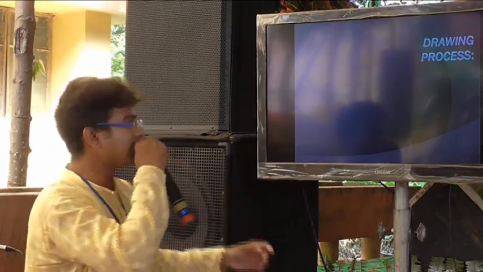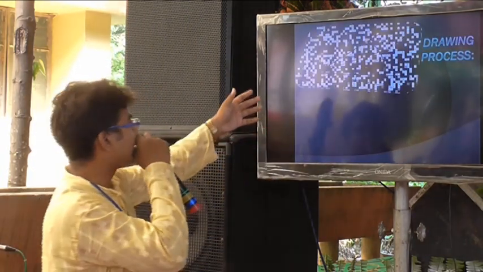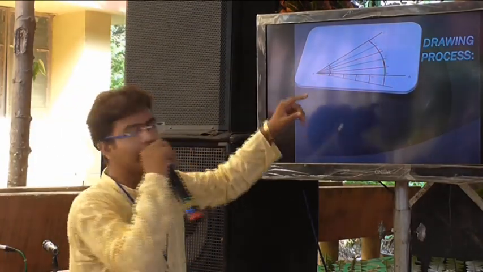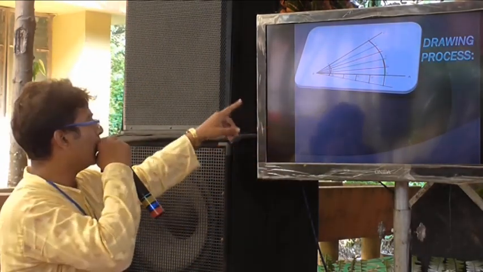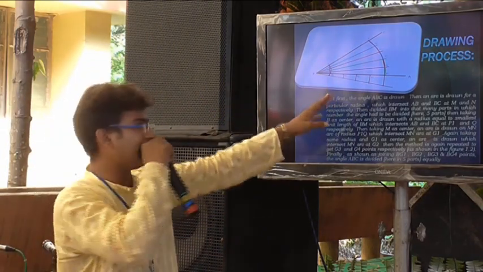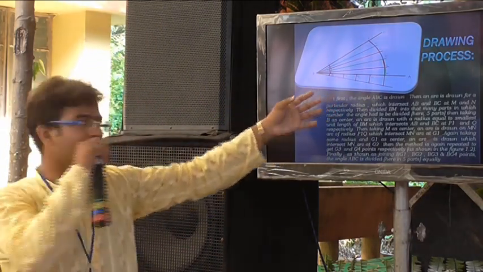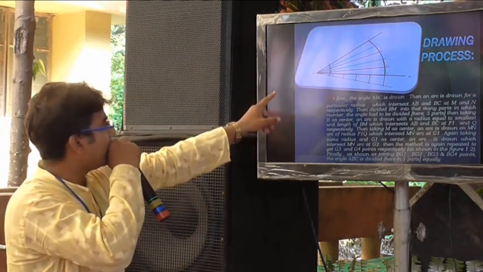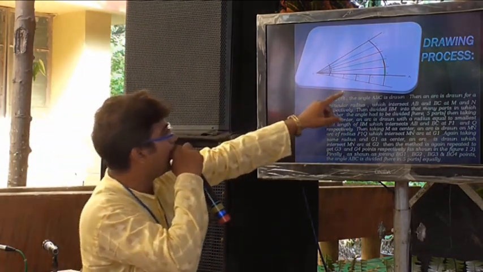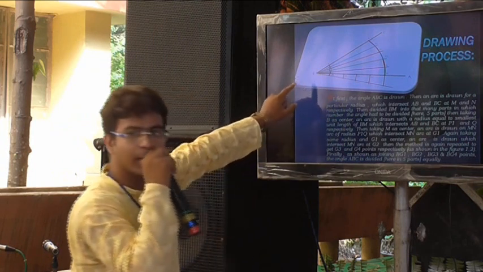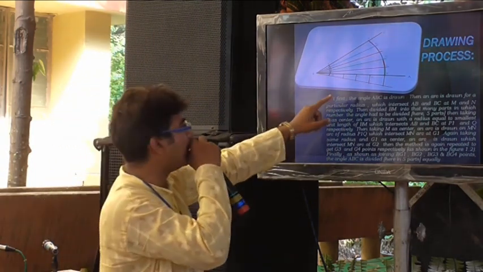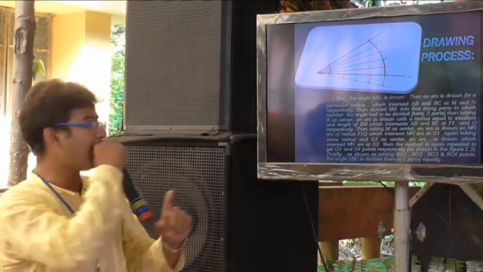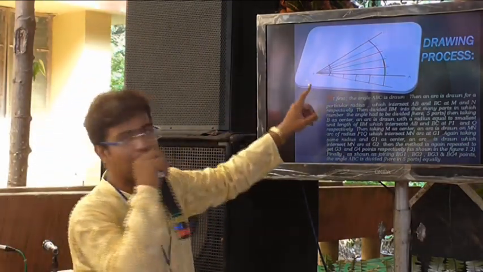And this is the drawing process. Look at this figure. ABC is the given angle which we have to trisect or pentasect and so on. Now, MN is the arc of radius B, and BM is divided into that many parts into which we have to divide this angle.